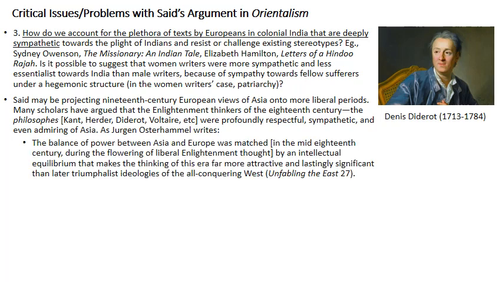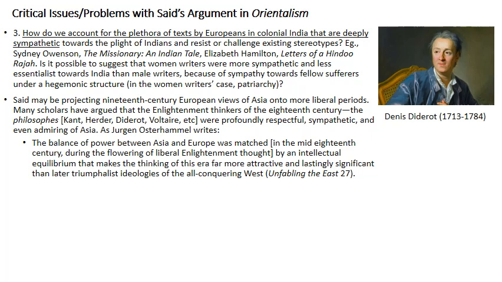So, Osterhammel writes that the balance of power between Asia and Europe was matched in the mid-18th century. You remember that the Mughal Empire was profoundly powerful. By the 18th century, it was losing some of its power. But there were times in the history of Europe and Asia where there was not a completely asymmetrical relationship of power. So that's what Osterhammel is saying.